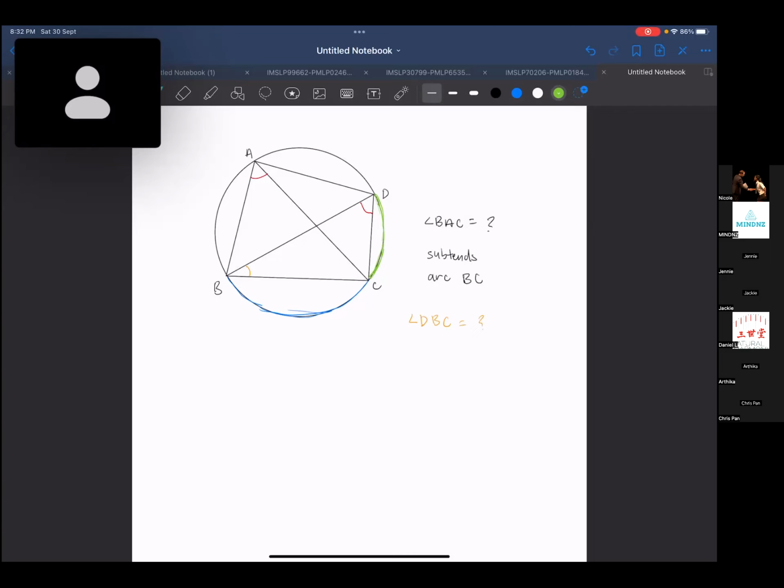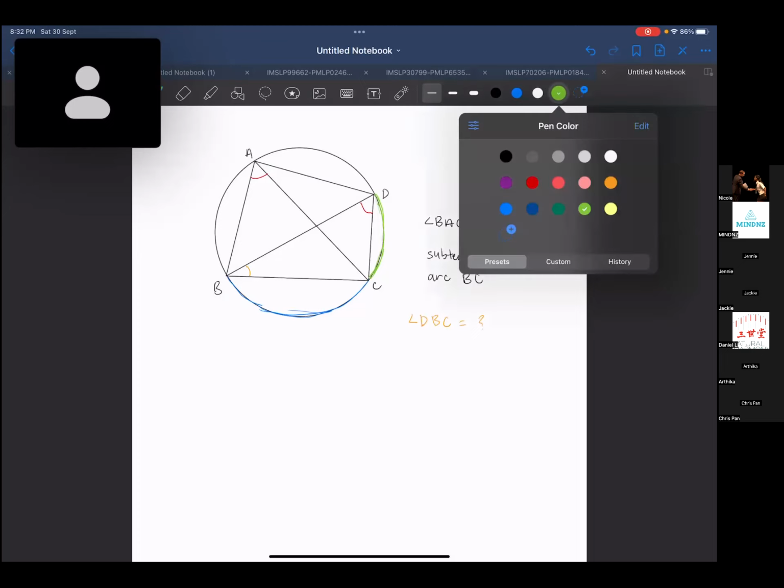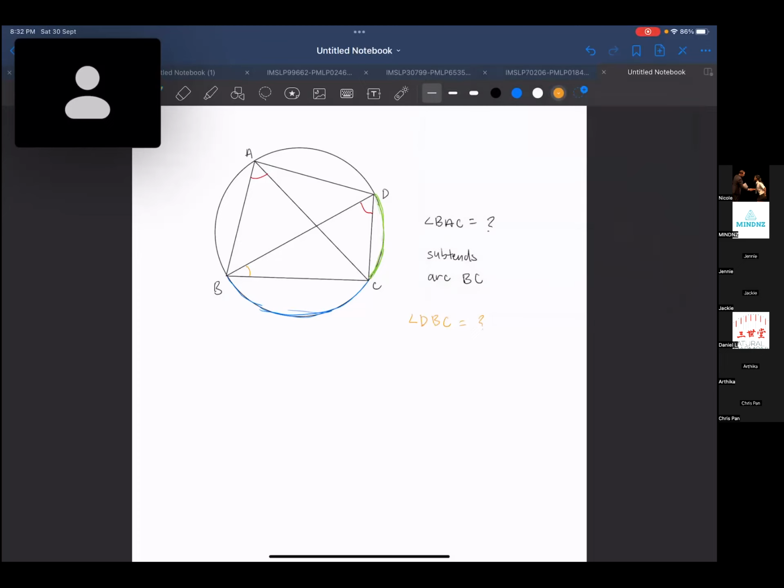Okay, I think we can just say it now because most people have gotten it. If you haven't, don't worry about it. We seem to have sufficient understanding. So look here, we have angle DBC that is coming from this green arc.